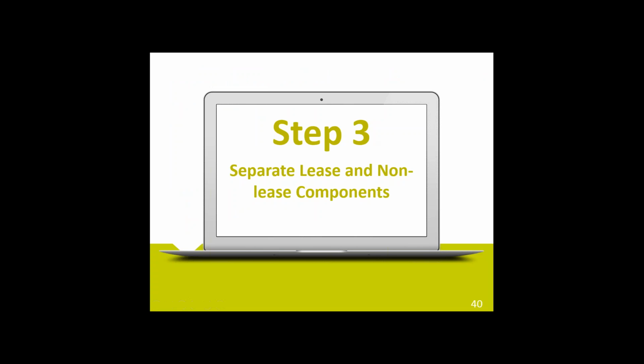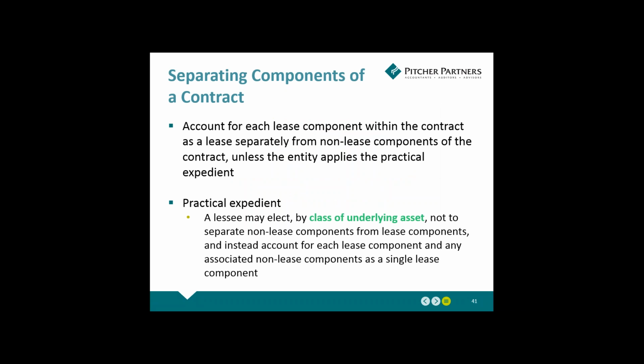And then the third step is to separate your lease and non-lease components in your contract. So you account for each lease component within the contract as a separate lease, and you account for it separately from non-lease components, unless, again, the entity applies a practical expedient. So the entity has a choice.